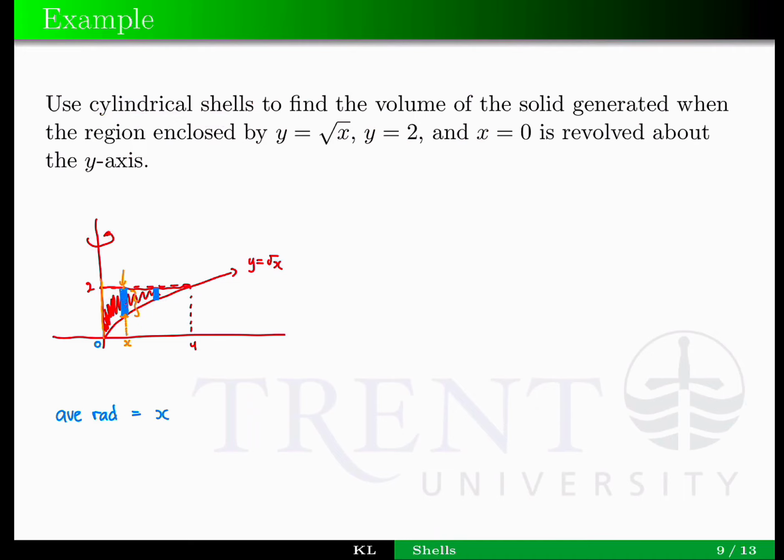I hope by this time you already know how to get the radius or the height if one of the endpoints is not your x-axis or your y-axis. So in here, the height will be 2 minus square root of x.